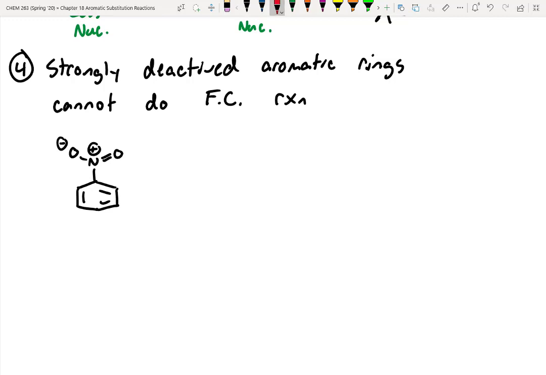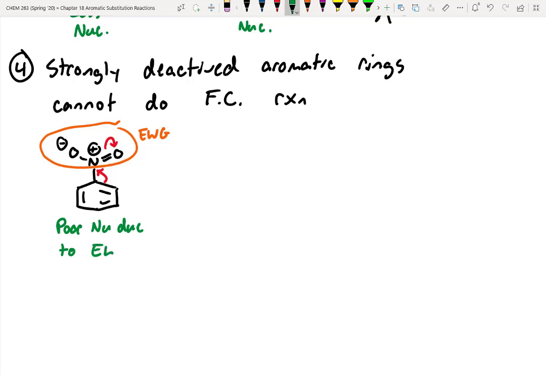But the main issue with this is that we've got a resonance structure where we can actually pull density out of the aromatic ring. That means that this is an electron withdrawing group, which means that the aromatic ring is really, really poor. All right, because it's such an electron withdrawing group, it actually hinders this reaction to the point where it doesn't readily occur.